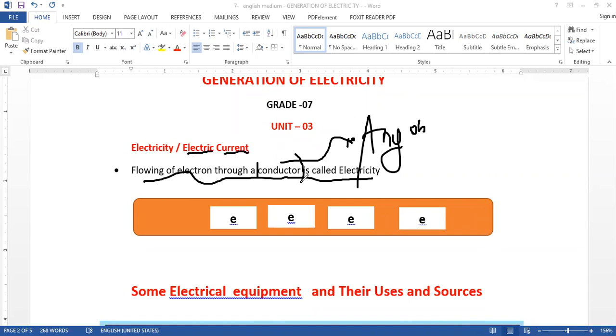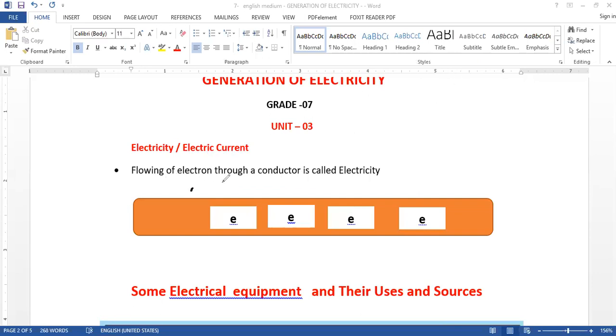Conductor means kadattigal in Tamil, insulator means kavaligal, which means any object that cannot conduct electricity. We are talking about only conductors. So the flowing of electrons through a conductor is called electricity, or I can say, current. I hope you got it.